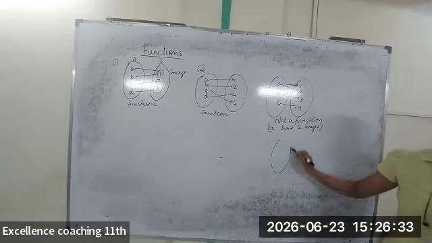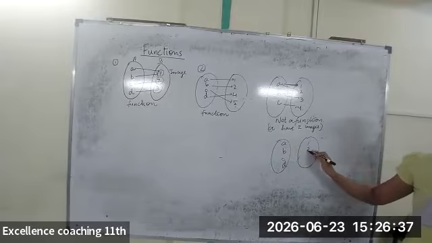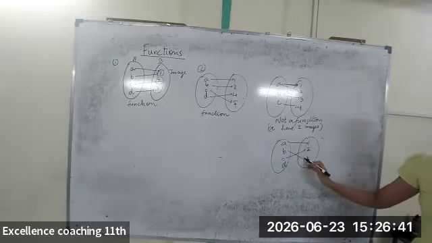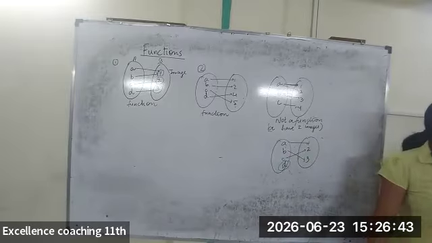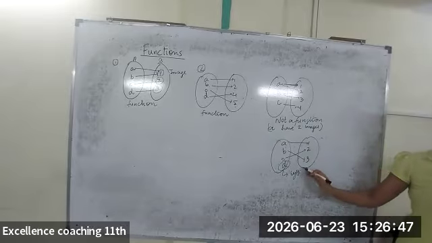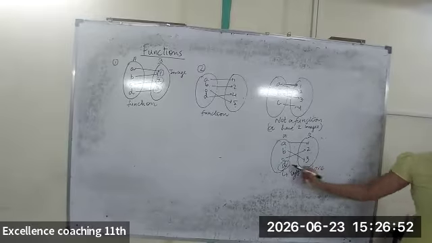And one more condition is, now here if you see, D has not reached any house. So this is left alone. So if any element in set A is alone, it means D is not having any image.